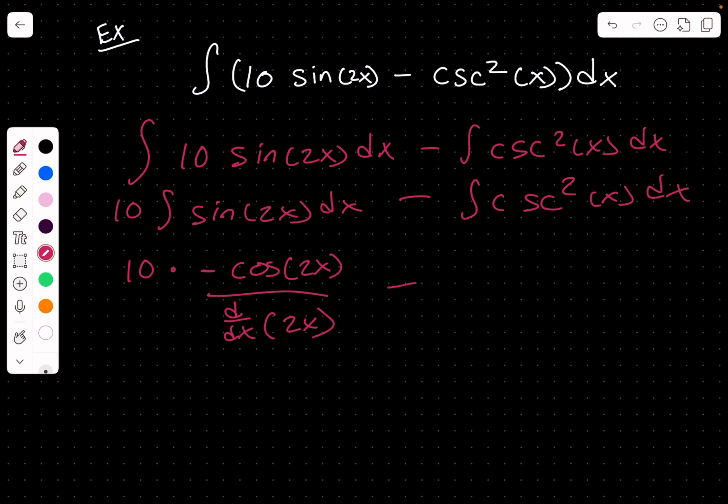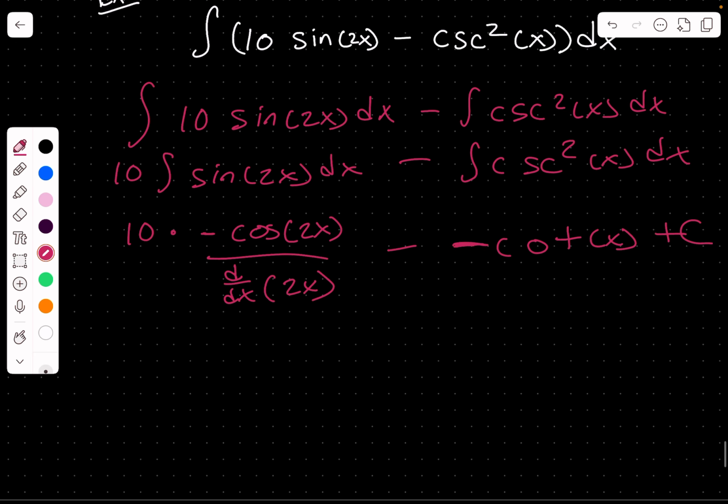Now I'm just going to do the next part. Okay, let's see. We have cosecant squared. What is the antiderivative of the following? That's going to give us a negative cotangent of x plus c, of course. All right. Now let's rewrite this.